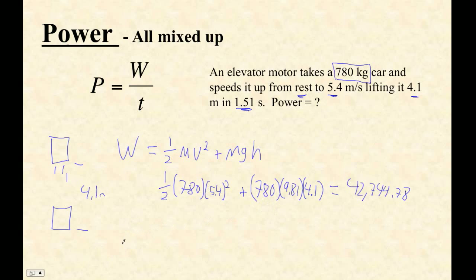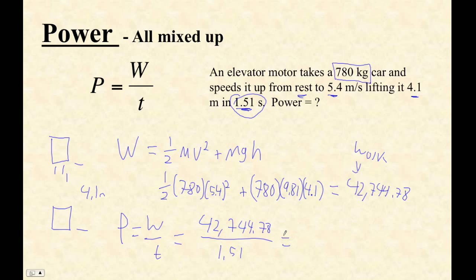So power is work divided by time. And this is my work. The work is the change in kinetic and potential energy. So that's 42,744.78 divided by how long did it take? 1.51 seconds.